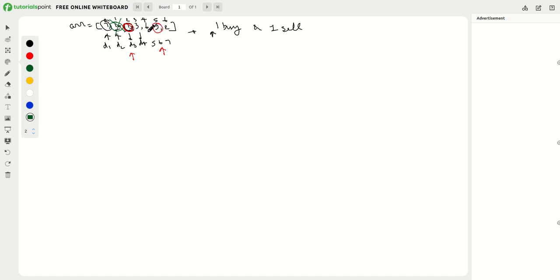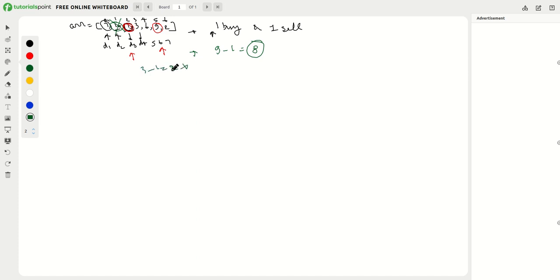Then what will be the profit? The profit will be 8, right? If we buy when the day 3 stock price is 1, and sell on day 4, 3 minus 1 is 2, which is not the maximum.